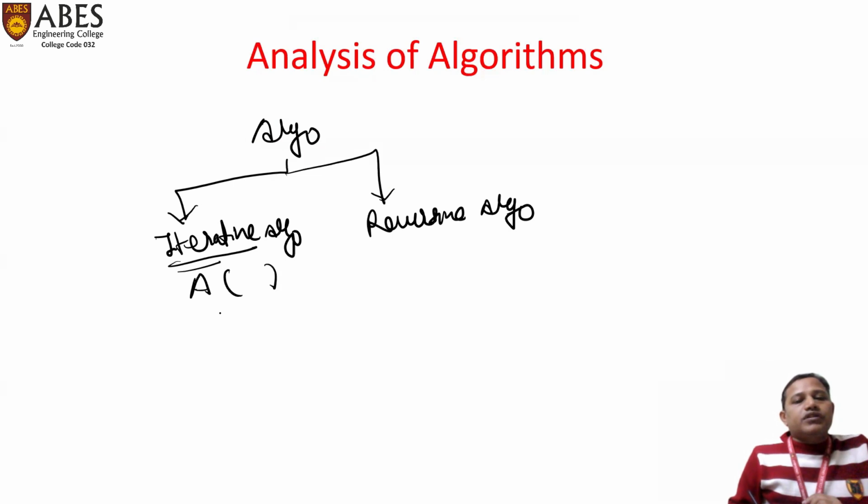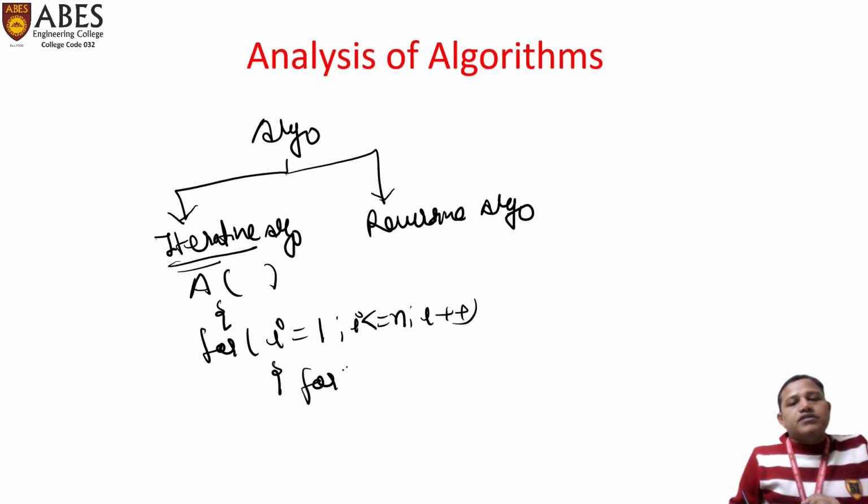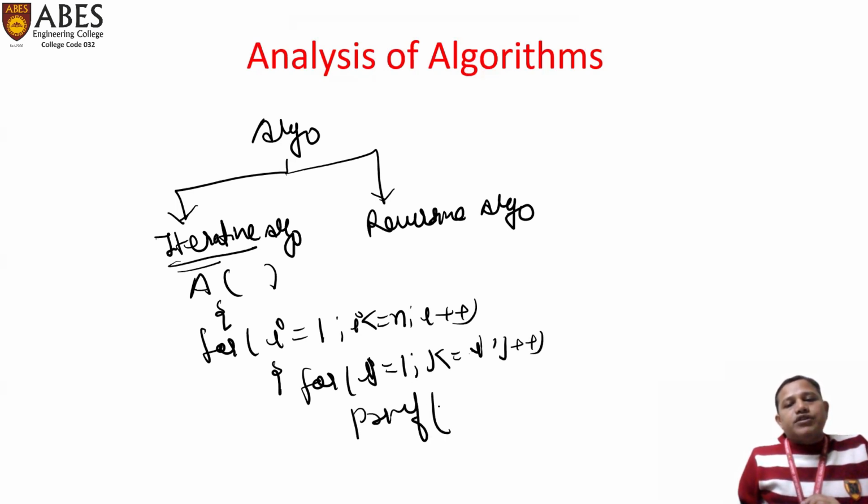Suppose this is the function and we have a loop for i = 1 to i <= n, i++, and a second loop inside this, for j = 1 to j <= i, j++, and then print some statement like my name, Ravi, etc. This is called iterative algorithm.